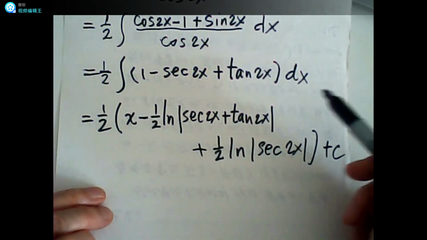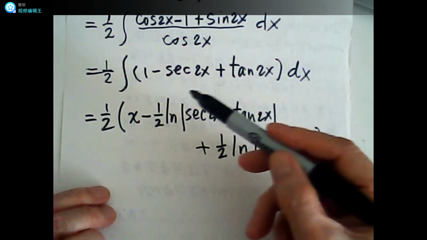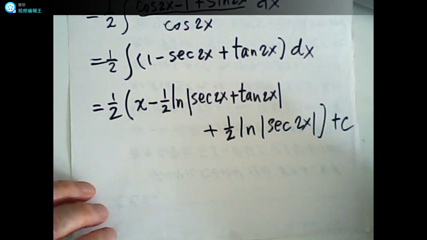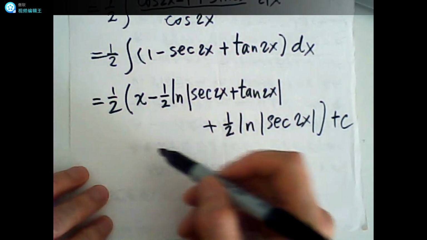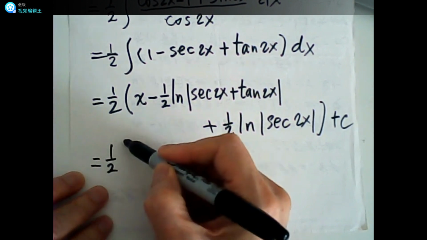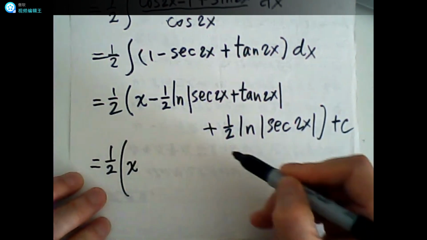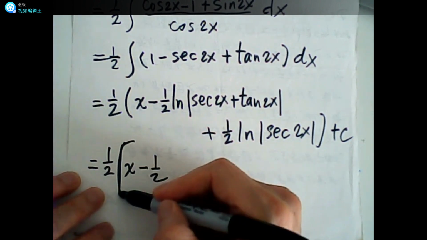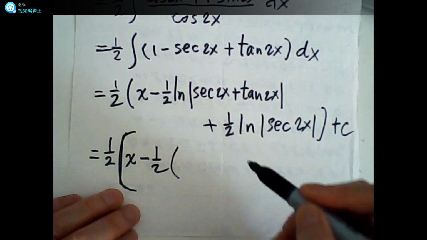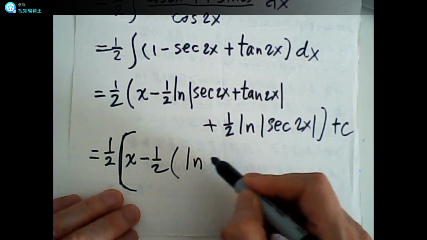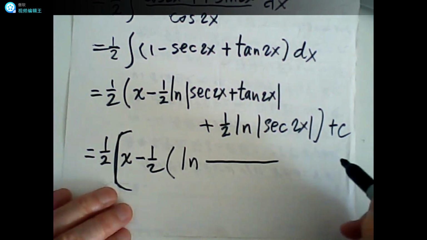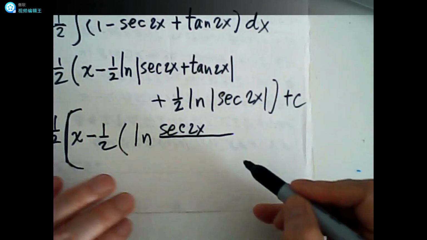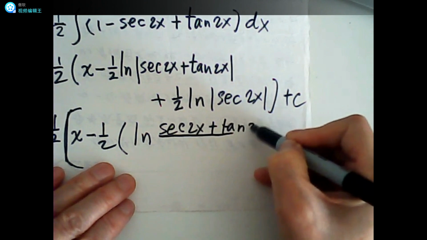Okay, so far the integral concern hasn't been done. The leftover, we just simplify whatever it is. Okay, this is half. This is x. This is another common factor. Okay, this is square bracket, and the log, this is secant 2x plus tangent 2x.